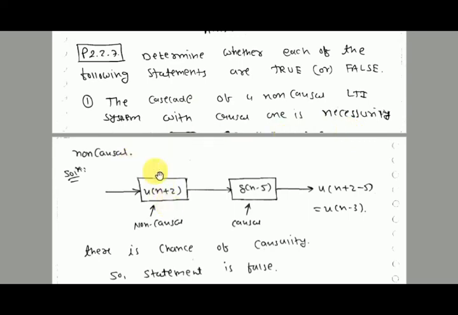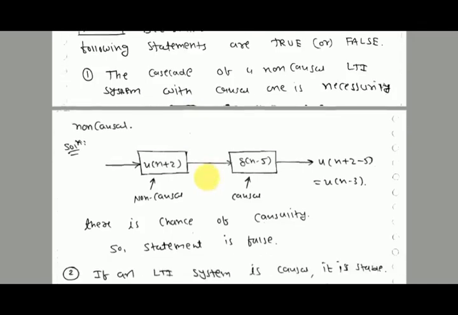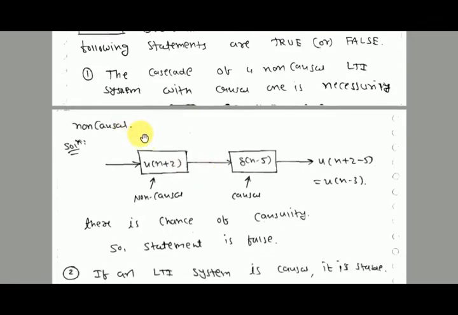True or false? So here the statement is false. You have to cascade a non-causal system with a causal one, and find whether the overall system is causal or non-causal. Here it is saying non-causal, which is false.